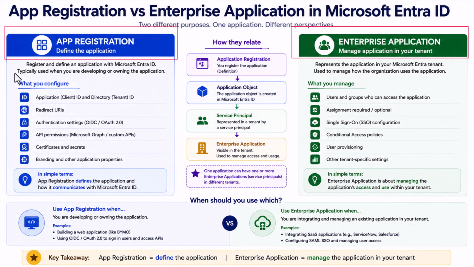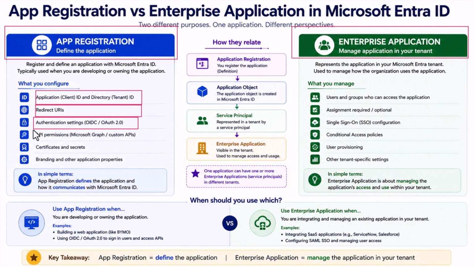So what you configure: application ID and directory tenant ID. When you register an application, we will see how we get the client ID and tenant ID. Redirect URI, after authentication, where the users will be redirected. Authentication settings like OIDC or OAuth 2.0.